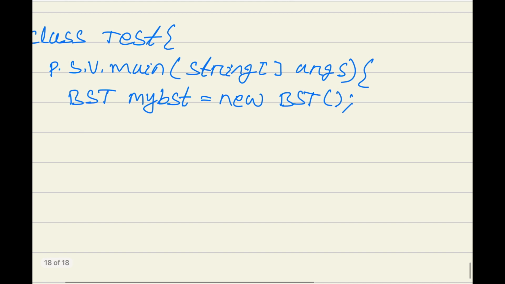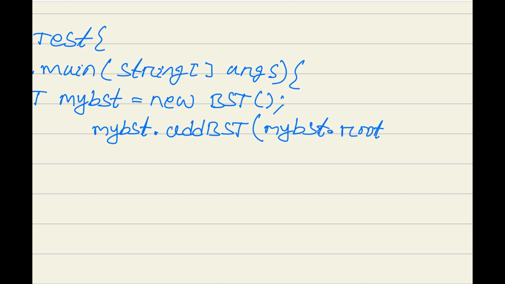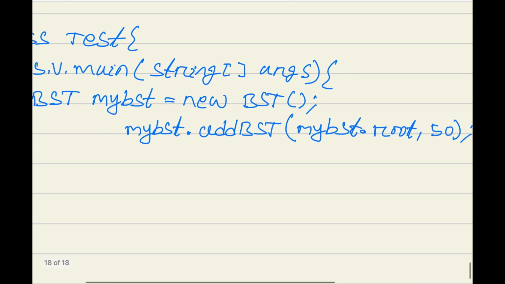So we can write myBST dot addBST, and addBST is going to take two arguments. One is the root, another one is the key value. So you can write myBST dot root, and the value is suppose 50.